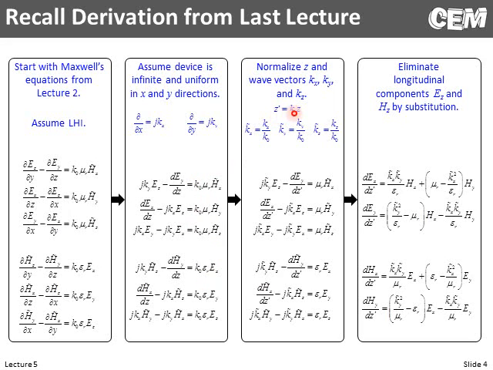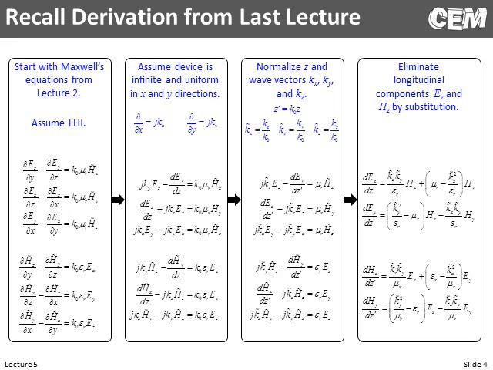Then we normalized everything. We normalized our z coordinate by essentially dividing by wavelength or by multiplying by the free space wave number. And then we also normalized our wave vector components by dividing by k0. And when we do that, we get these 6 equations that look very similar, but they're normalized.